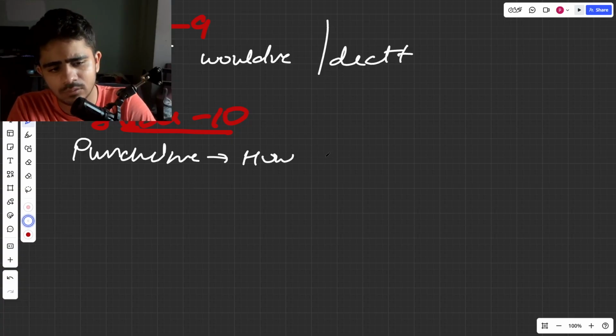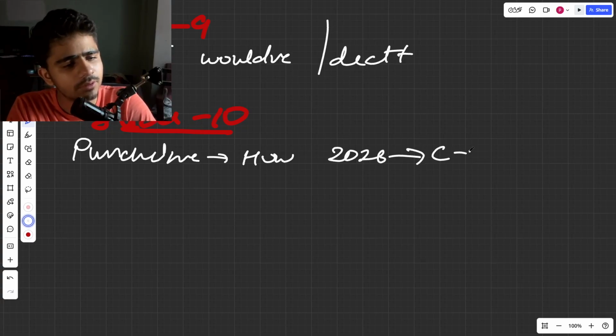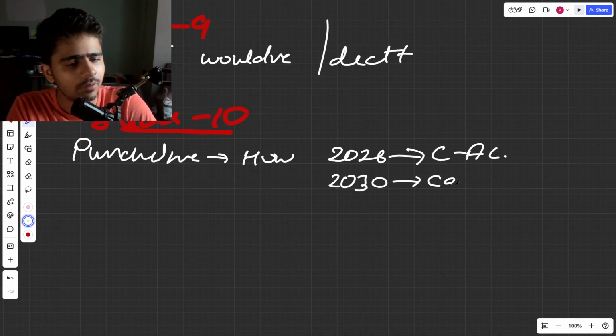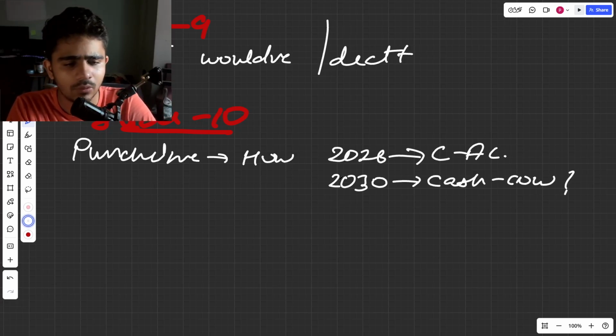How 2026 is just customer acquisition cost loss and 2030 is the real cash cow. Why?